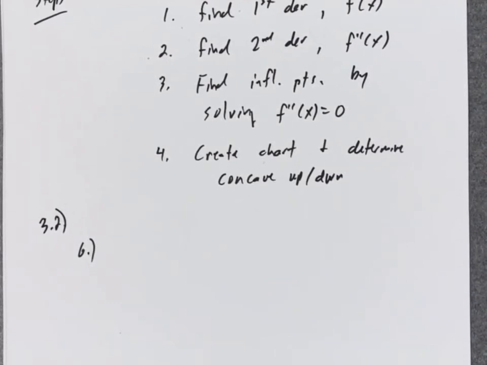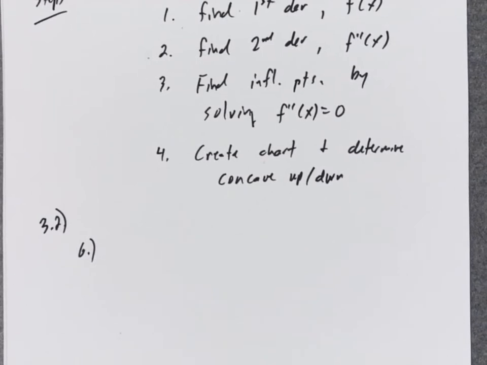Let me flip to 3.2. All right, 3.2 for problem 6. It says, determine where the graph of the given function is concave upward and concave downward. Find the coordinates of all inflection points.